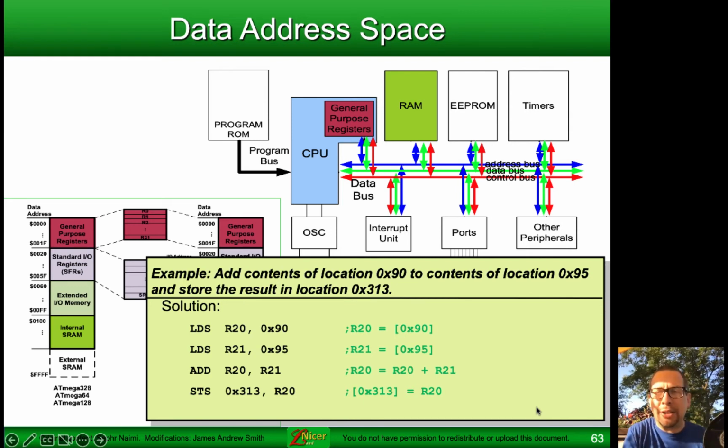Then I take the contents of 95 and place it in register R21. So now I'm ready to manipulate the data that's in registers 20 and 21. I then add R21 to the contents of R20, storing the result in R20. Then I take the contents of R20 and place it back into general memory at location 313.